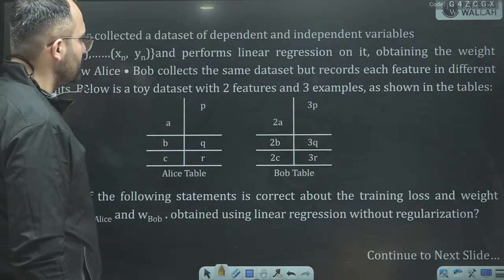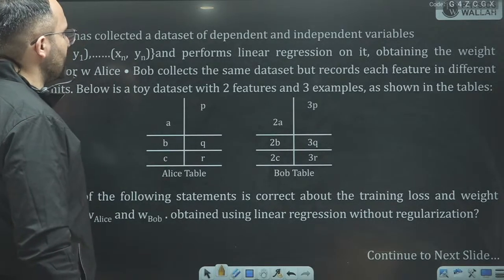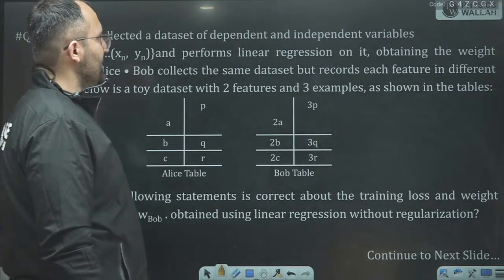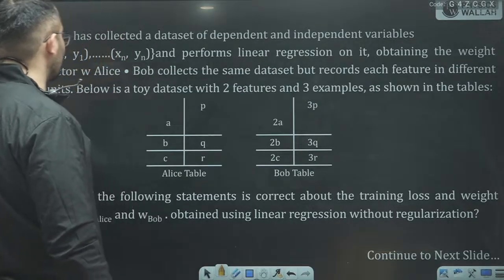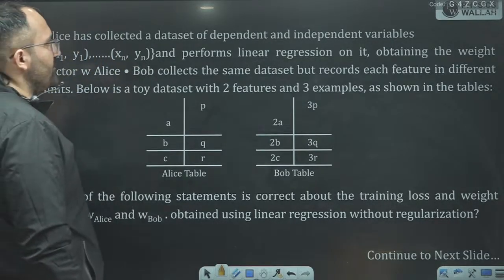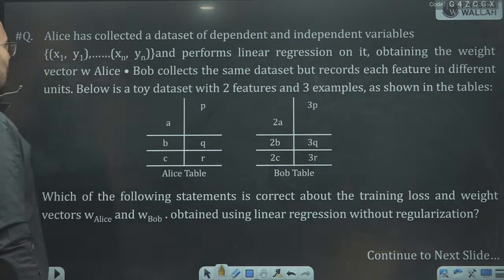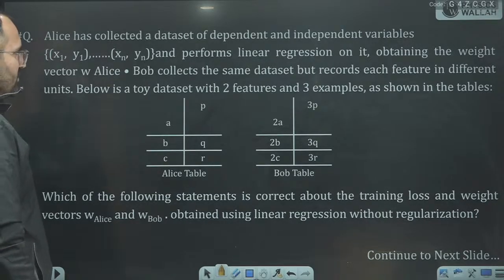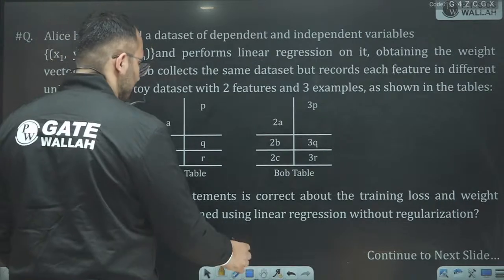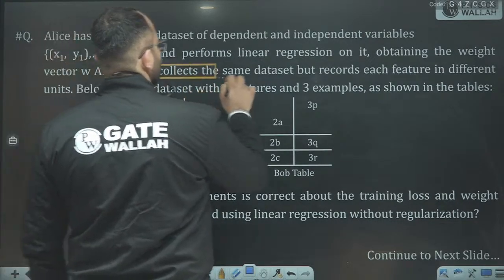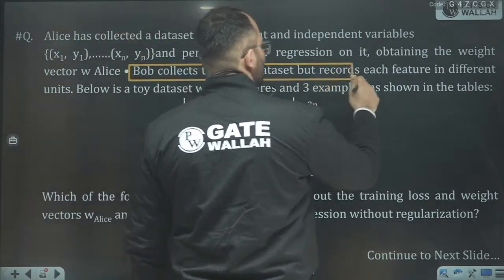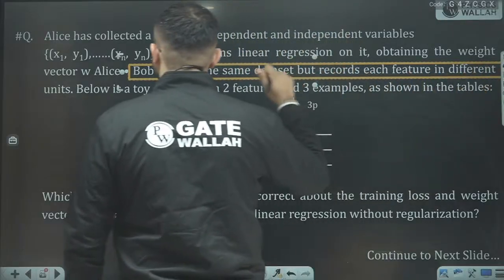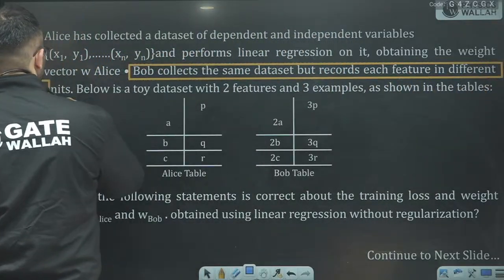Next. Alice has collected a data set of dependent and independent variables, x1, x2 and so on, and performed linear regression on it, obtaining the weight vector W_LS. Bob collected the same data set but recorded each feature in different units.